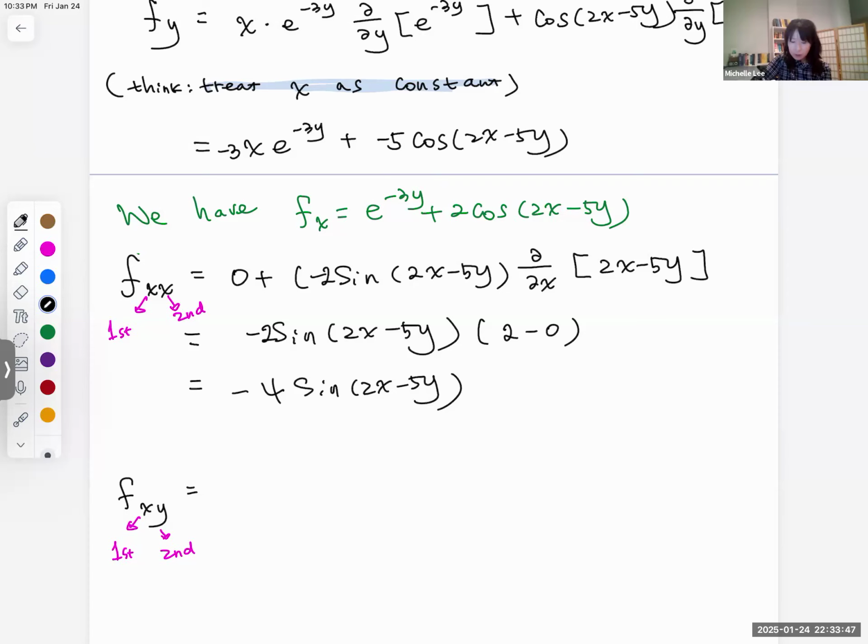The e function is the same, so e to the negative 3y and the chain rule with respect to y, plus the derivative of 2 cosine, which is negative 2 sine, and then the chain rule with respect to y.